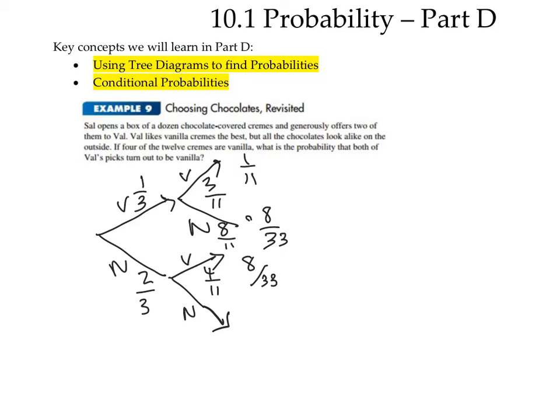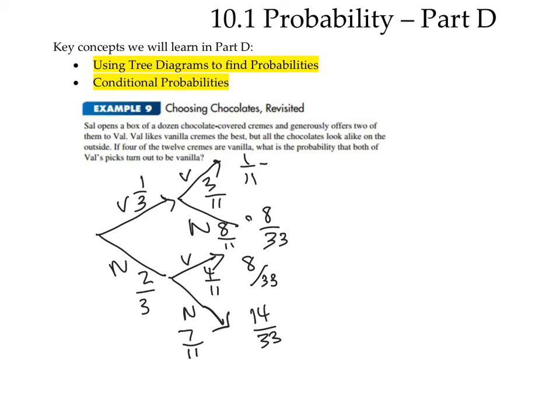And if I got a non-vanilla cream followed by another non-vanilla cream, only 7 of the remaining 11 chocolates are non-vanilla cream. So this is 2/3 times 7 elevenths, which is 14 33rds.